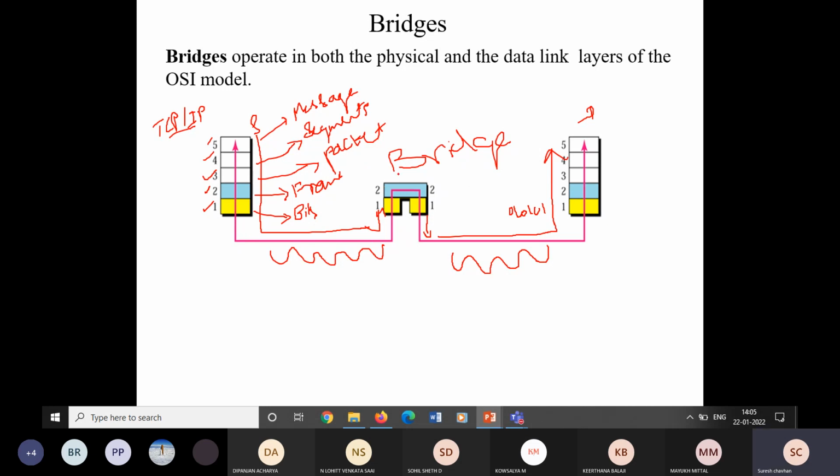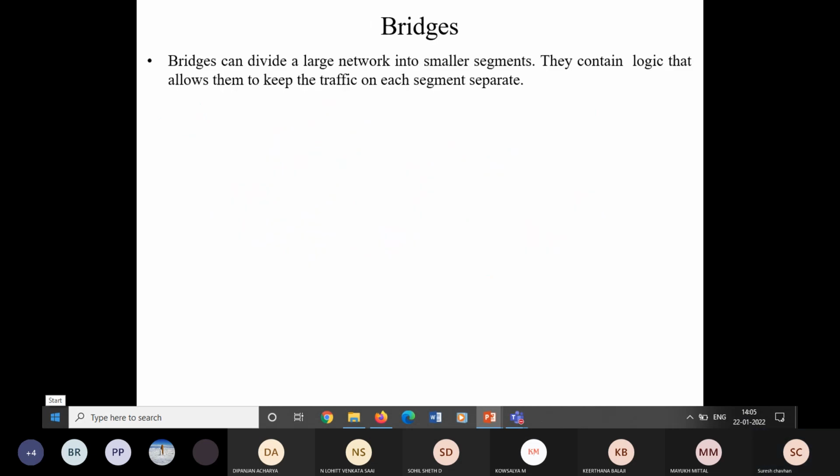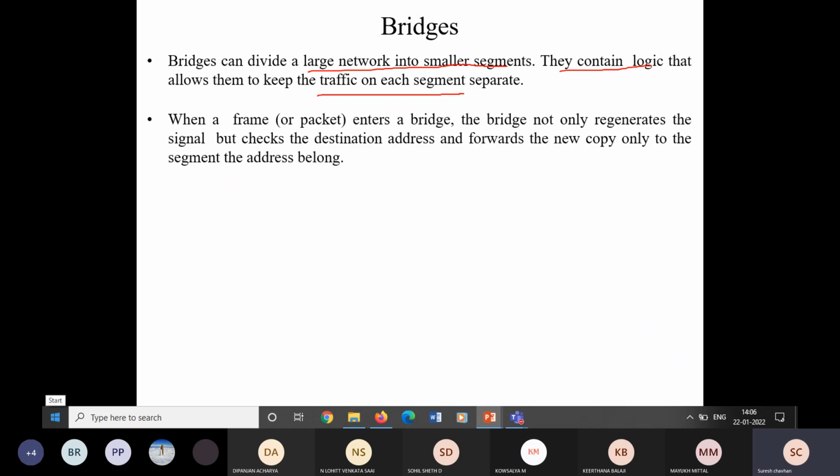Now we are considering only this device. This is the intermediary device which operates in the physical layer as well as in the data link layer. The bridges can divide a large network into smaller segments, and they contain the logic that allows them to keep the traffic on each segment separate, right?